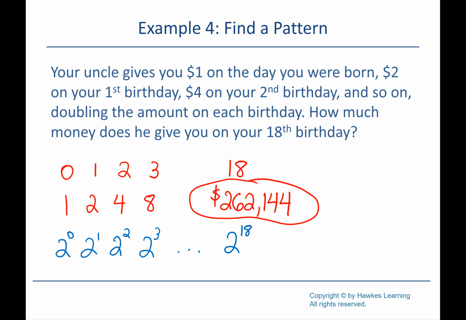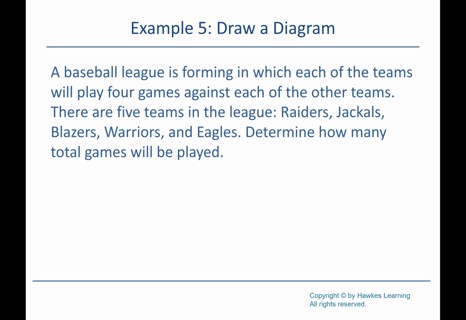So let's look at our next problem. This one says a baseball league is forming in which each of the teams will play 4 games against each of the other teams. We've got 5 teams in the league: Raiders, Jackals, Blazers, Warriors, and Eagles.